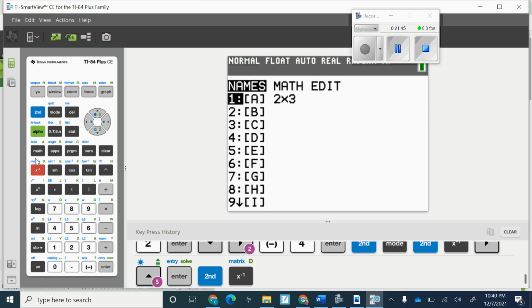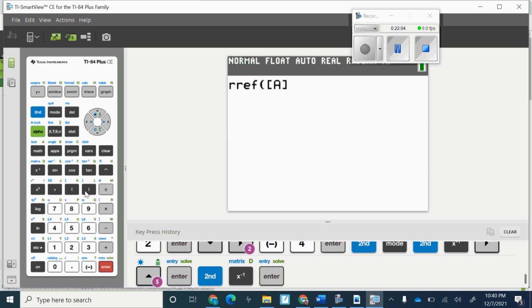Now some of your older calculators, the TI-83s, instead of hitting second matrix, they might just have a separate matrix button. Okay, so I go here and I want 1. You can edit over this one if you need to add more. You can add as many matrices as you want. And I enter.